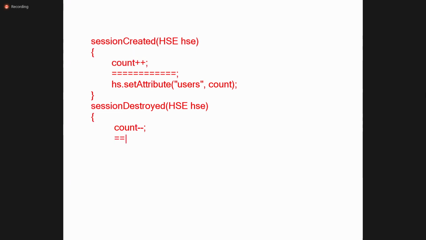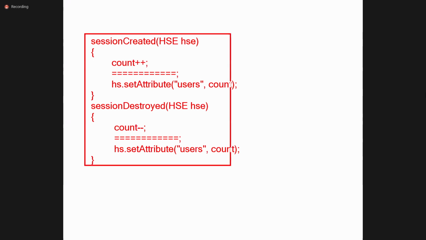Some other code we have to write to get the session variable. After that, hs dot set attribute, users count. These two methods are in the session listener, my listener.